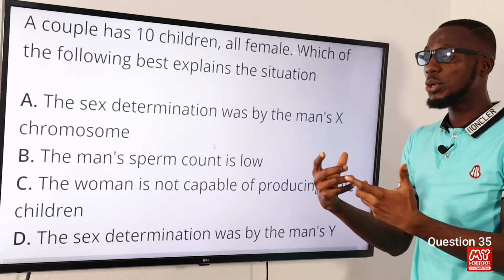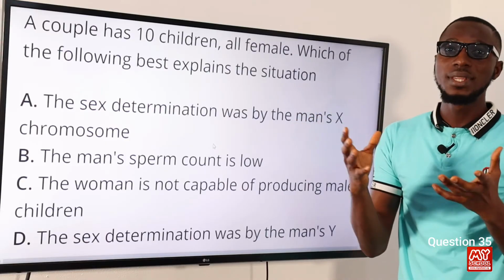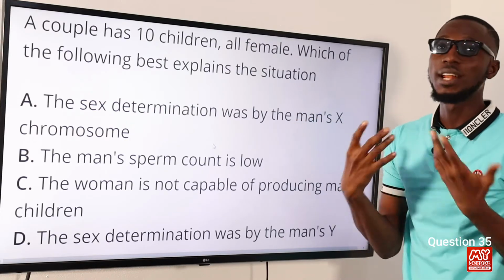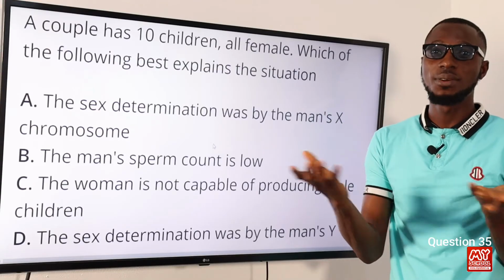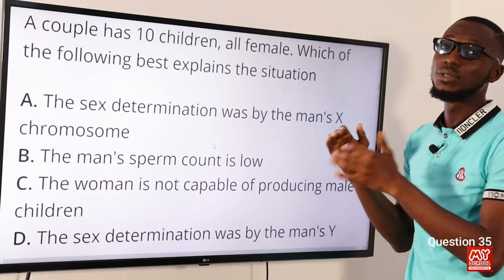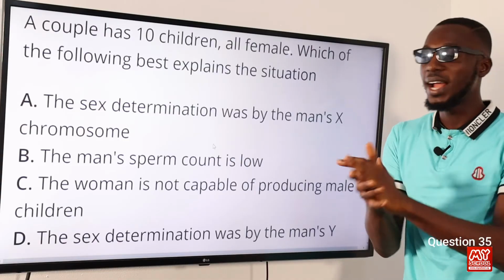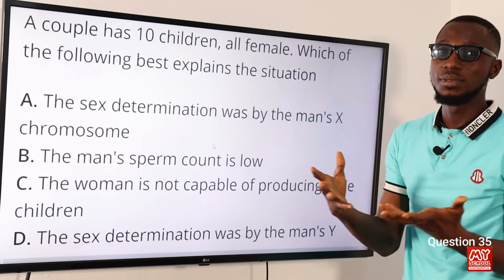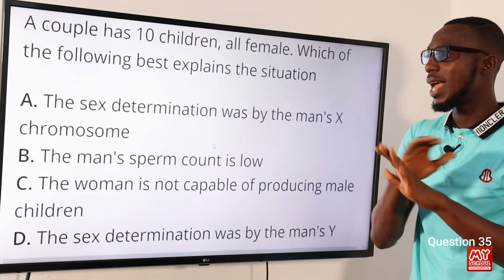When you talk about female, you're talking about two X chromosomes. So it is the male that determines what sex of child comes out. So if the male donates X, what you'll be having is XX. The female is just two X chromosomes. So if the man donates Y, what you will have is the X from the woman, then the Y that the man introduces. So this sex determination is basically by the man's X chromosome.